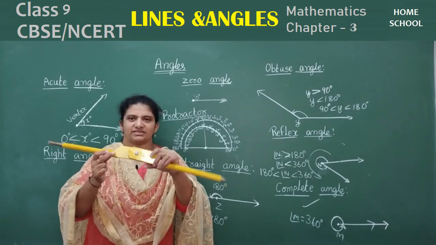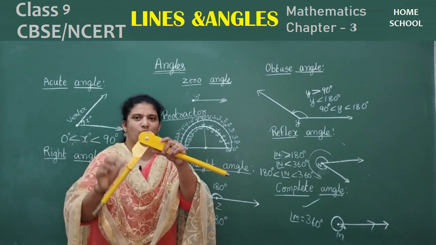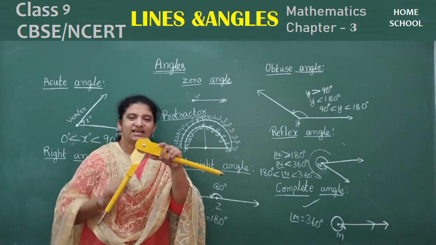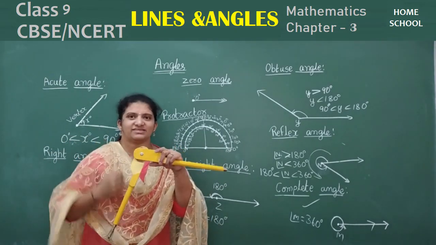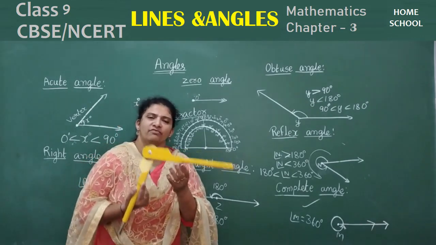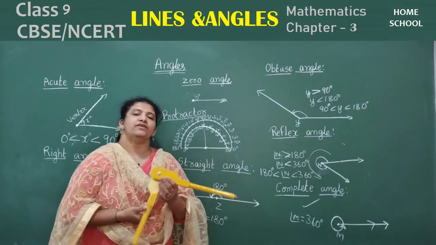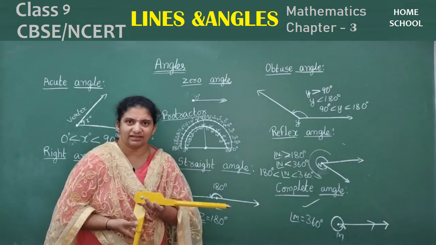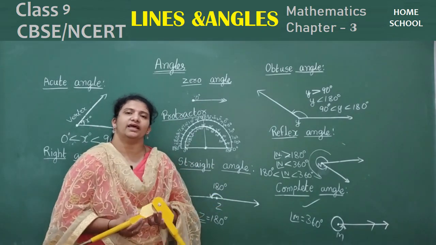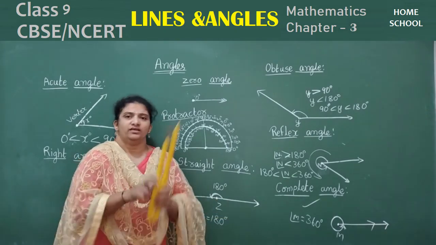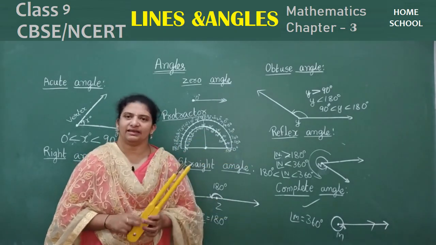Okay, so next. Now what type of angle is this? This is more than 180 and less than 360 degrees. These types of angles are called reflex angles. If it has done one complete revolution, then that is called a complete angle.